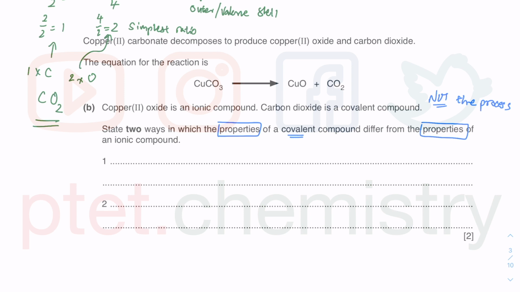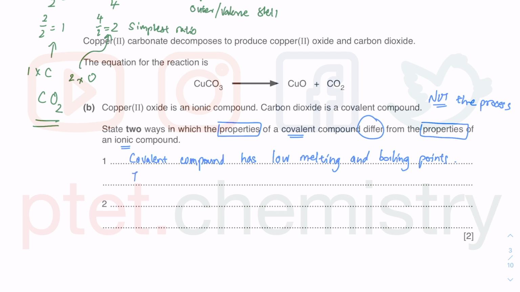So, covalent versus ionic. Covalent compound has low melting and boiling points. These are stated very clearly. They are not asking you to explain, they're asking you to state, but they say differ.